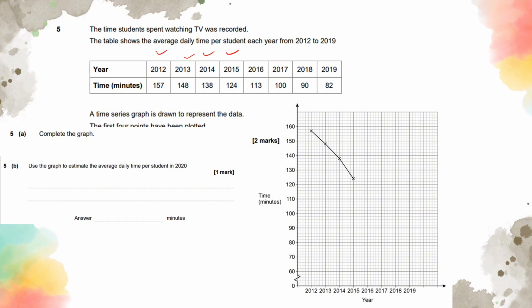So we're going to be doing 2016 to 113. So 2016, 113, somewhere around here. We've got 2017, which is 100, 2018 to 90, and 2019 is going to be 82, which is around there, 2, 4, 6, 8, 10.